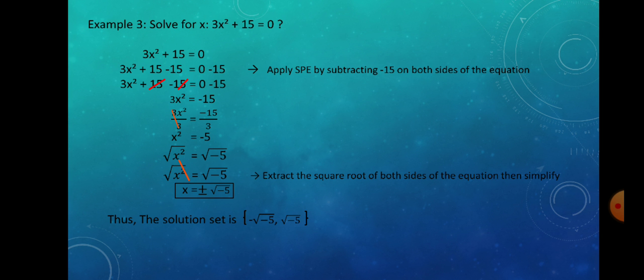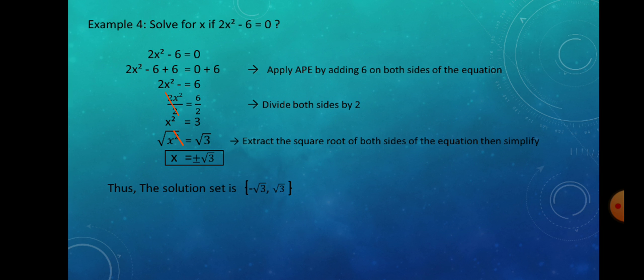So, what is left is x. Since negative 5 has no real square root, our final answer is positive and negative square root of negative 5. Thus, the solution set is negative square root of negative 5 and positive square root of negative 5.